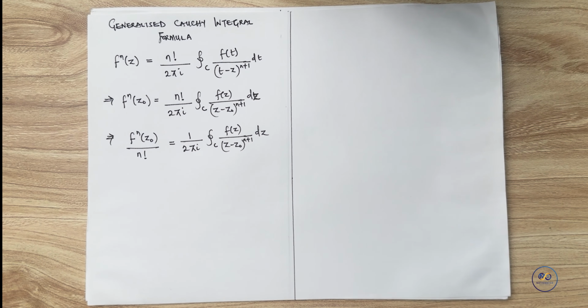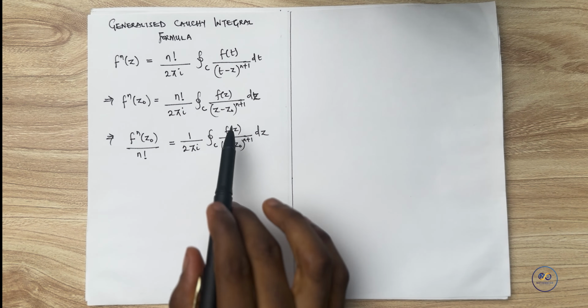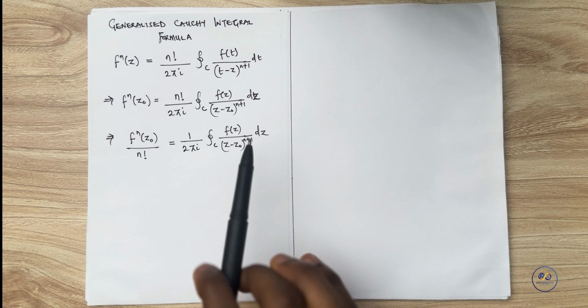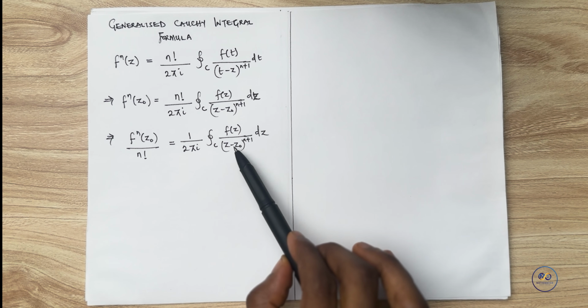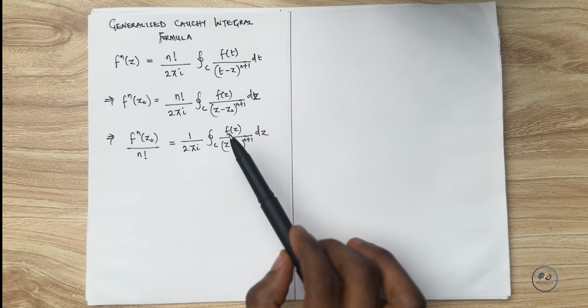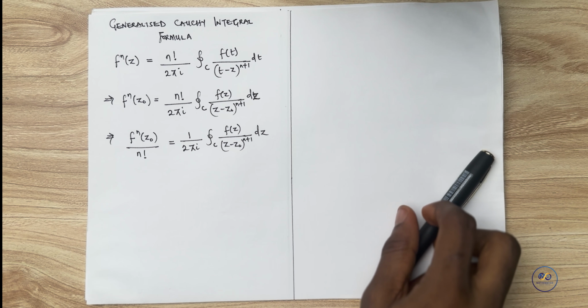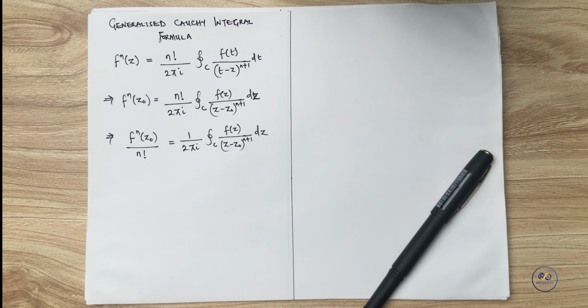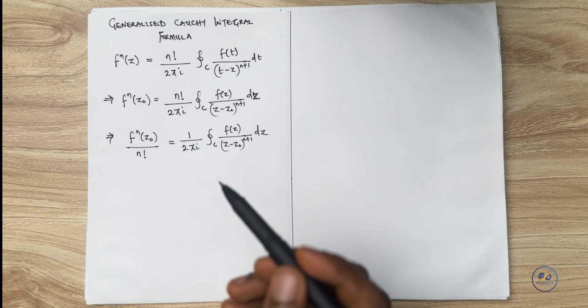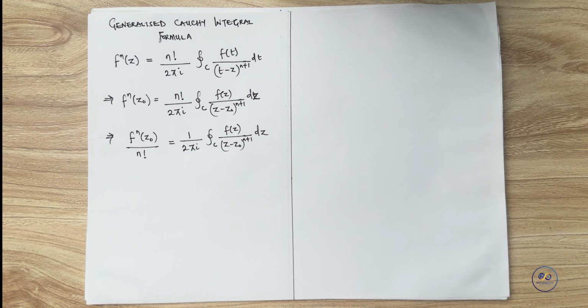Now, this is very interesting. Why? Because we will notice that on the right-hand side, this in fact was the value of the coefficient of the terms of the Taylor series, which we got at the end of our Taylor series video. What does that mean? It means that instead of writing the coefficients in this form, we could also write it in this form.